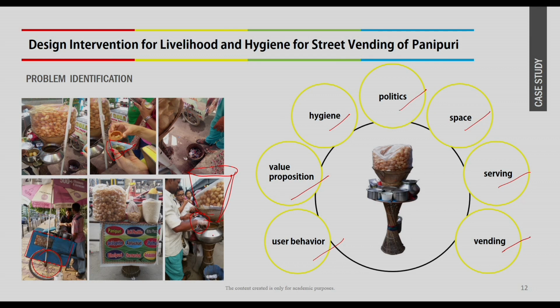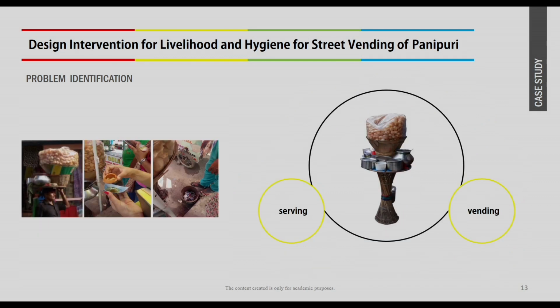Sometimes they use red color cloth around their cart. So, many things, and then we narrowed down to only two problems: vending and serving related issues, because of the innovation cycle constraint.